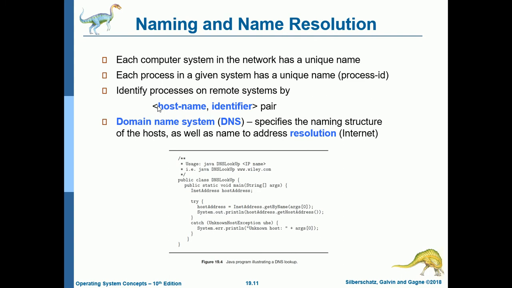Later on, we'll discuss what a MAC address is. Each process in a given system has a unique name or process ID, and processes on remote systems are identified by it. For this particular process, we should include in the ID the host name and the identifier pair.